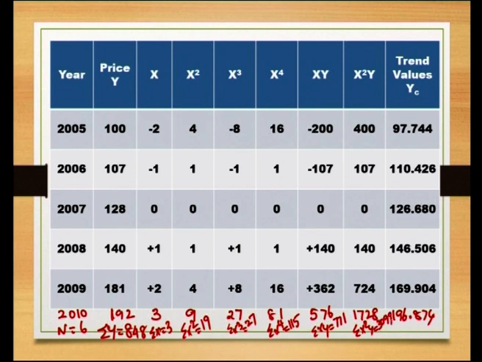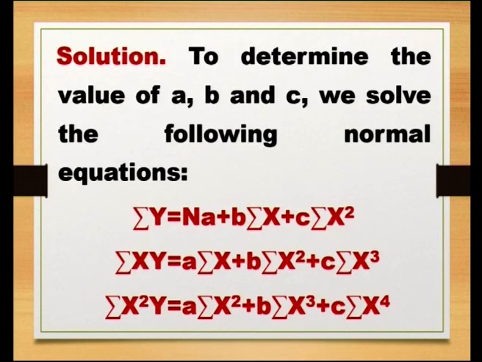Okay. Now, we will substitute these summation values in the normal equations, that is, summation y is substituted as 848, summation x as 3, summation x square as 19.